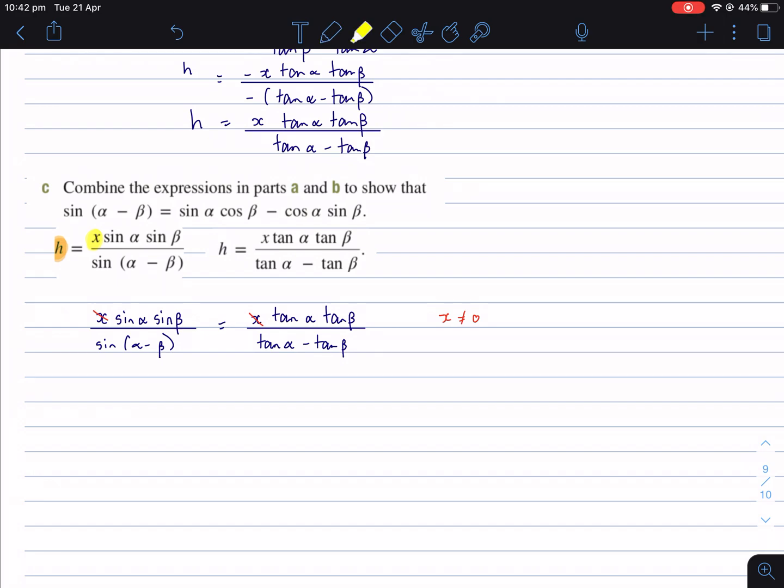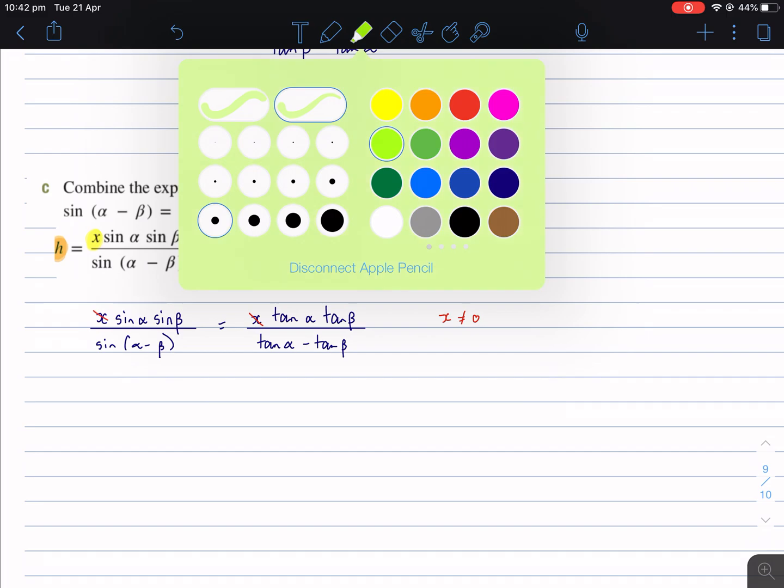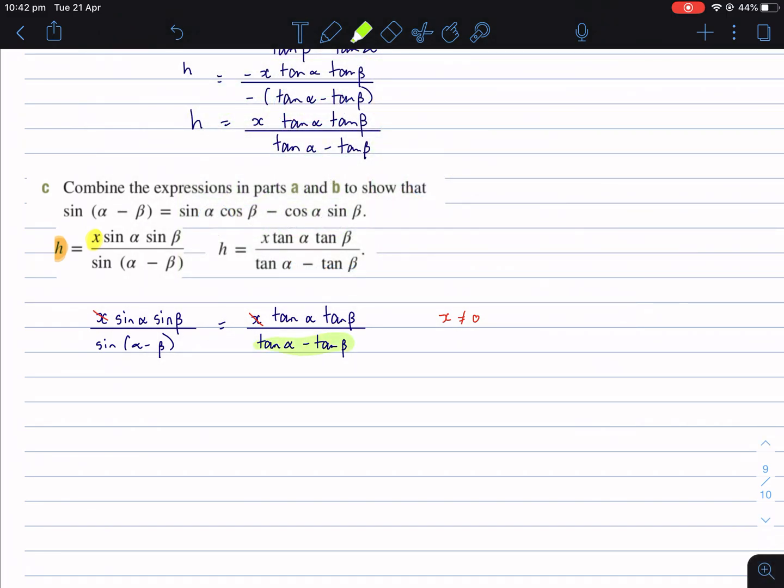So I'm going to take the bottom here to the top, bottom here to the top. So I've got sine alpha sine beta times tan alpha minus tan beta equals tan alpha tan beta times sine alpha minus beta.